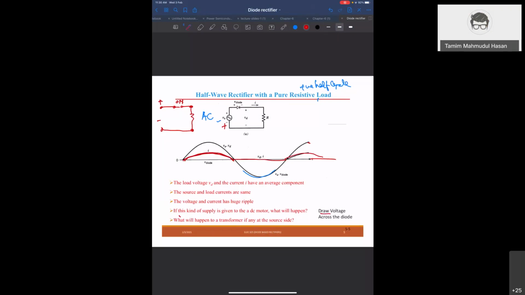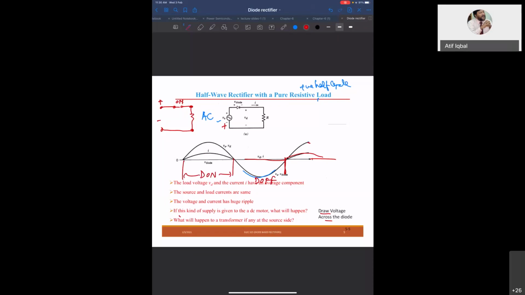Now, please draw the voltage across the diode. So what will happen to the diode voltage? You see, from here to here, the diode is on, and from here to here, the diode is off. When the diode is on, what is the voltage across the diode?